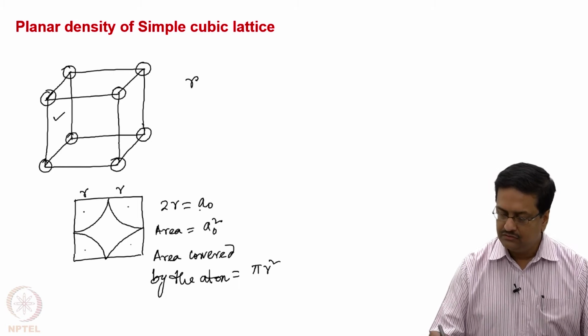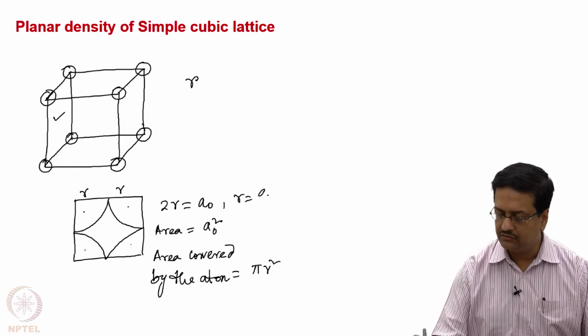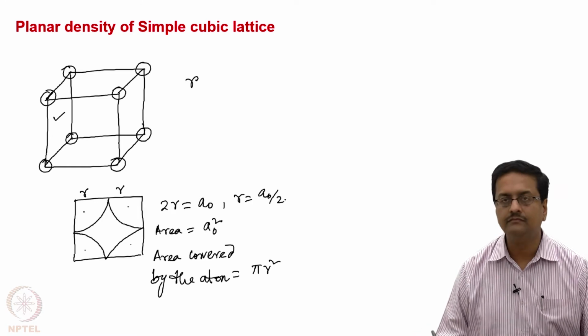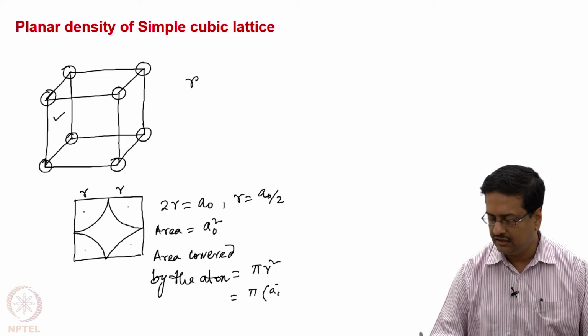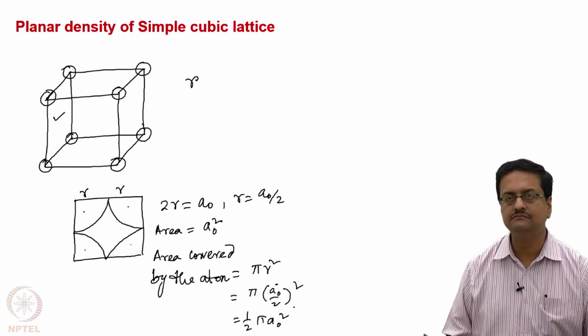And we know r equals a0 by 2. So here we write pi times a0 by 2 square, that means pi a0 square by 4.